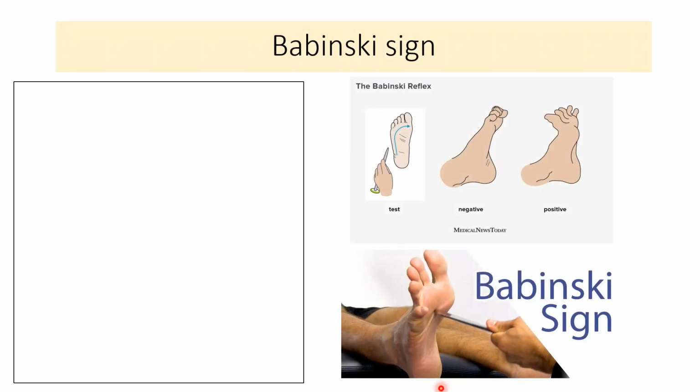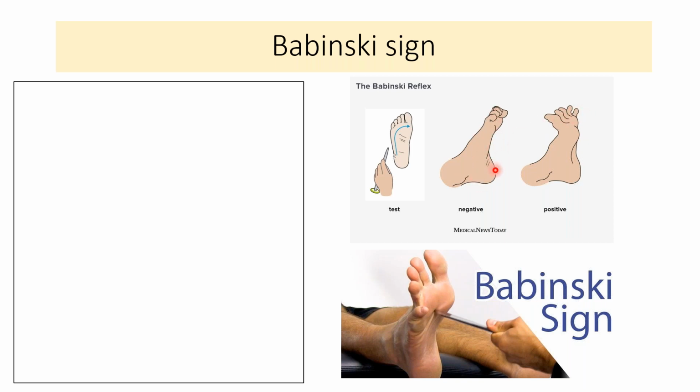Now this is the Babinski sign. The plantar aspect, the sole of the foot, is stroked. You can see the clinician is stroking along the lateral aspect and then across, and this is the course through which the stroking is taking place. This is a test. In case of corticospinal tract lesion, the positive response will be fanning of the toes, and this is the negative one.